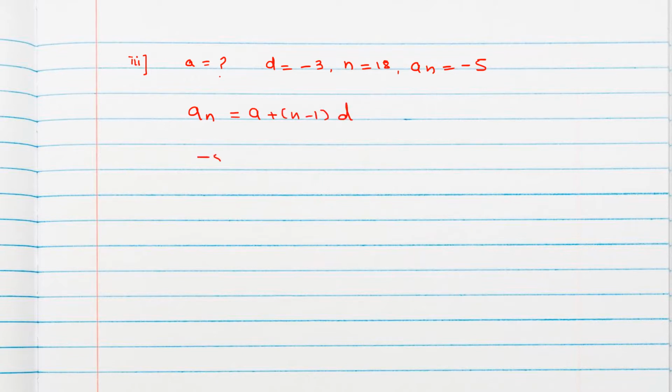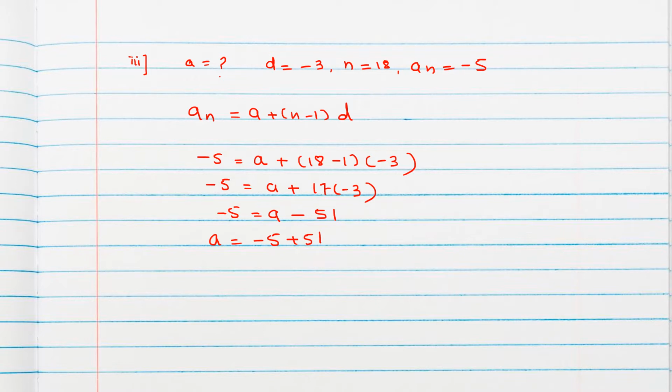So minus 5, a we'll write as it is, and then n is 18 minus 1, d is minus 3. So minus 5 equals a plus 17 into minus 3, that will give minus 51. Okay, so we can write a as minus 5 plus 51. So a will be 46.